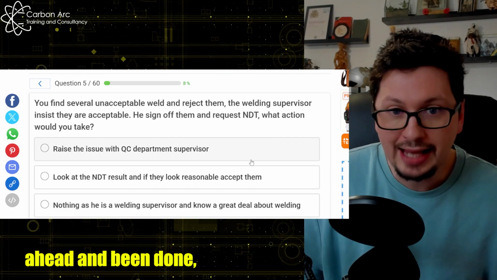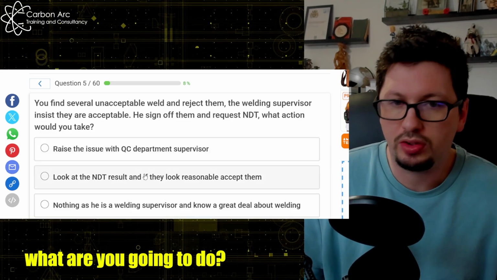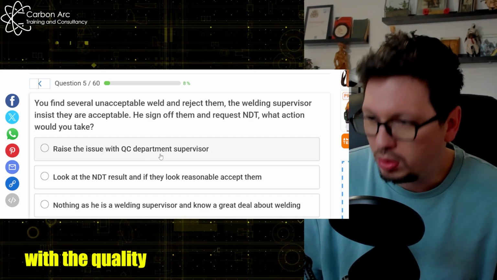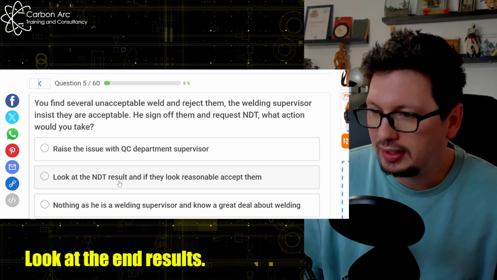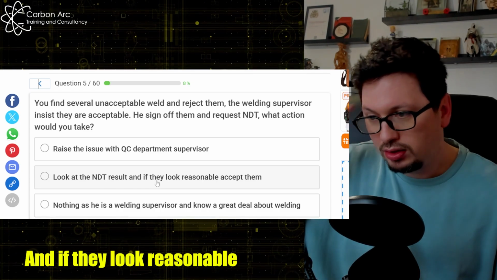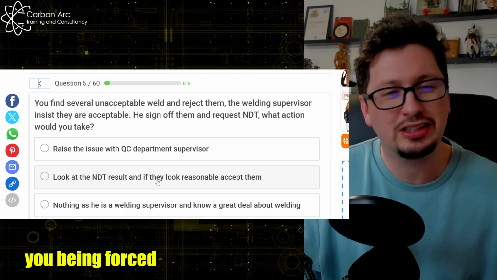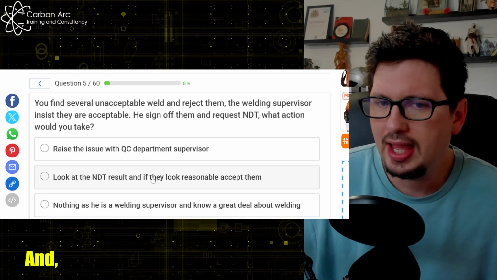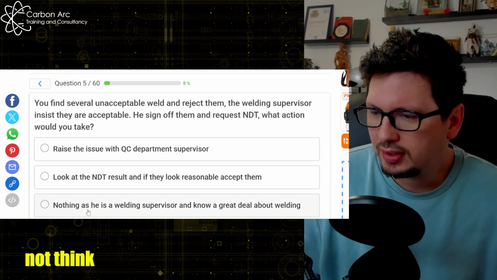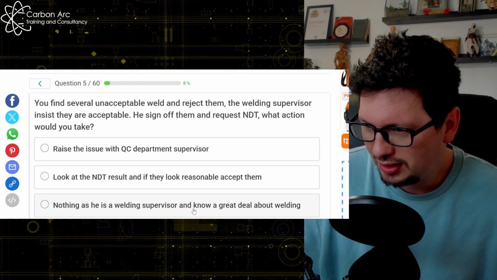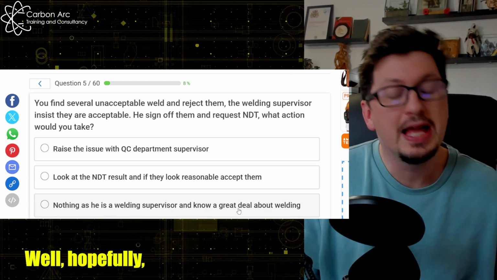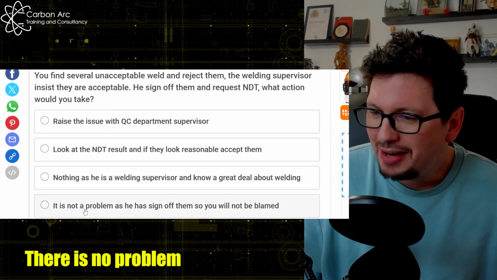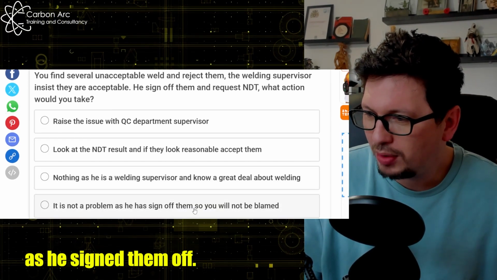But if it's gone ahead and been done, what are you going to do? So let's have a look at what we've got. Raise the issue with the quality department supervisor, look at the NDT results, and if they look reasonable, accept them. Well, that's you being forced into making a decision that you weren't making. Nothing, as he's the welding supervisor, I know a great deal about welding. Well, hopefully, but that's not guaranteed. There is no problem as he signed it off, so you're not to blame.